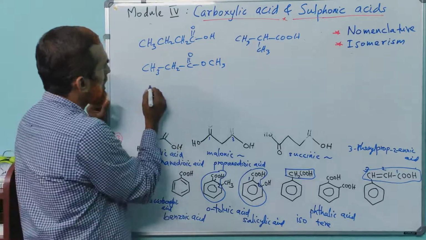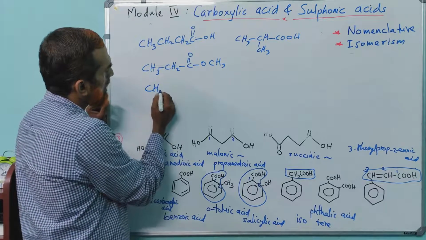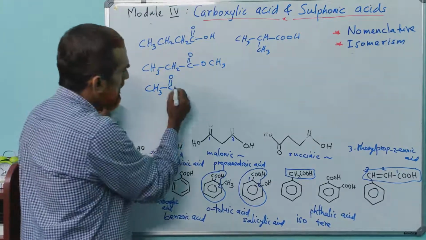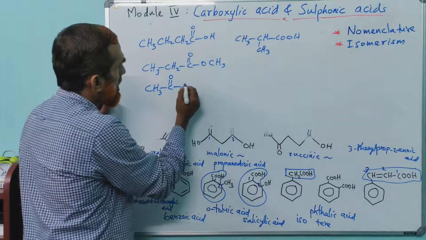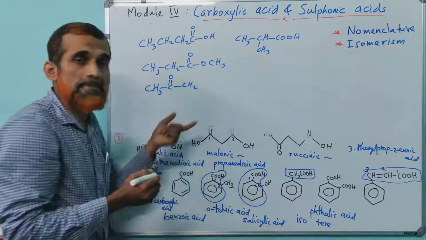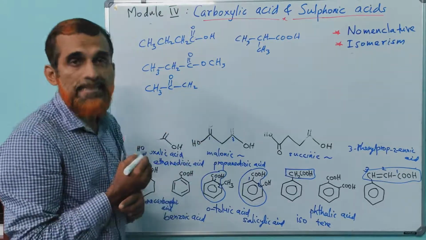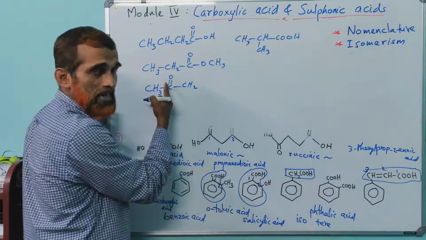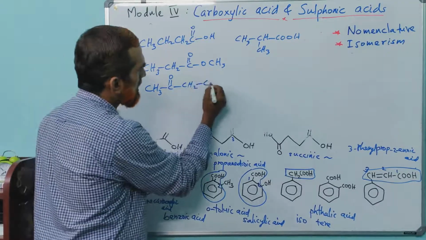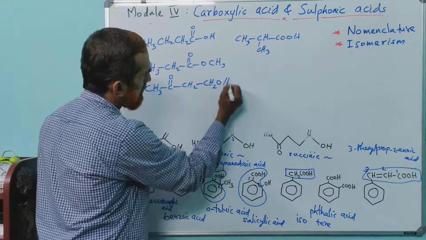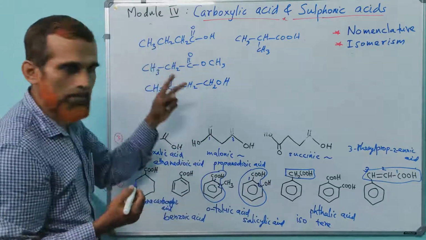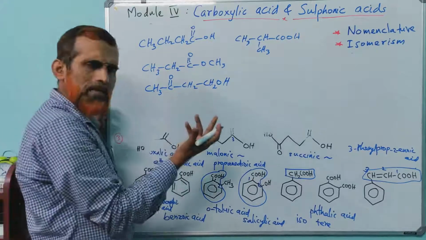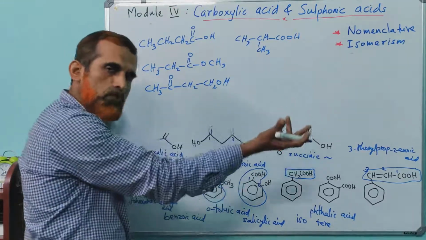Another example will be, I can keep a keto group like this, CO, and the other oxygen can be connected either as an alcohol or an ether without any unsaturation, because the unsaturation already came here. So it will be CH3CH2CH2OH. Check the formula, same. So OH and CO can come.